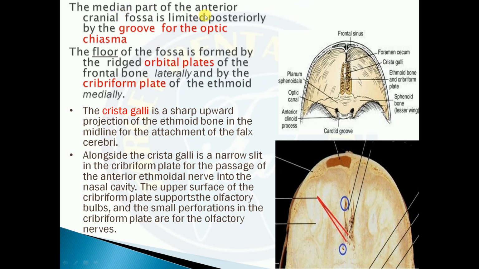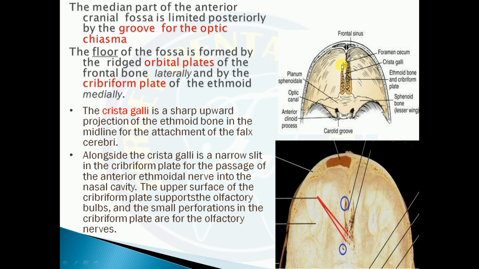So the median part of the anterior cranial fossa is limited posteriorly by the groove of the optic chiasma. The floor of the fossa is formed by the orbital plate of the frontal bone laterally, and by the cribriform plate of the ethmoid medially.